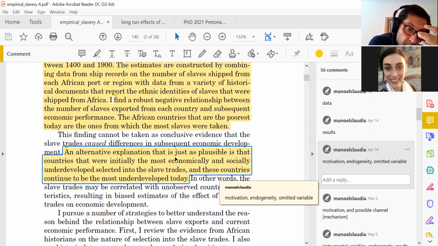Poor countries or poor ethnicities ended up being the ones sending more people into slavery, and these countries continue to be the most underdeveloped today. If that is the case, then there is a potential threat to the validity of his identification strategy, right? So he is essentially raising a potential endogeneity problem that he is going to deal with later on in the paper. Okay.